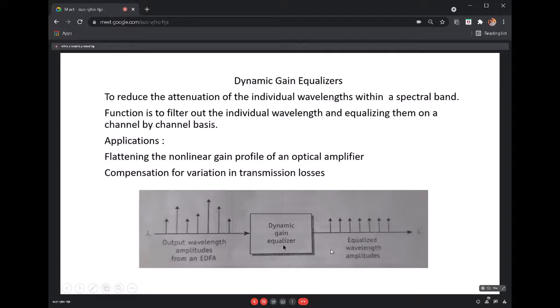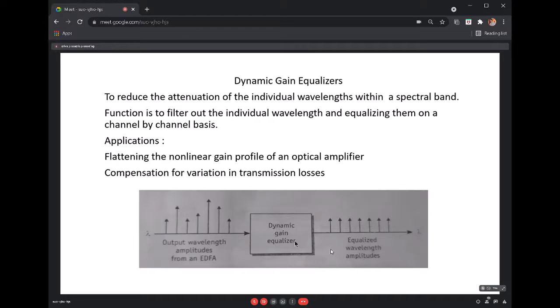That means you will be using software, a processor, a microprocessor or something, that controls based upon the feedback information received from the performance monitoring card. Based upon that feedback, you are going to equalize.